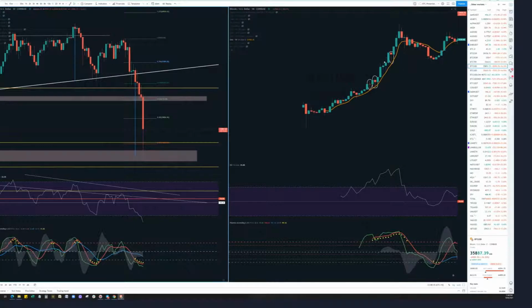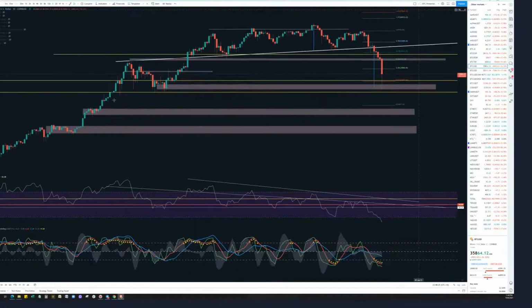We can get rid of the monthly. I made my point on the monthly. The 34, you can see on the monthly, 34 moving average. Now I'm going to get the 34 weekly moving average here, all right? I didn't close it. Here we go.